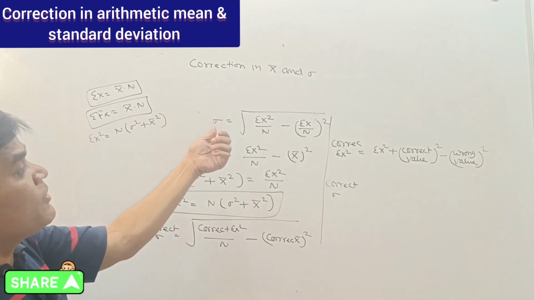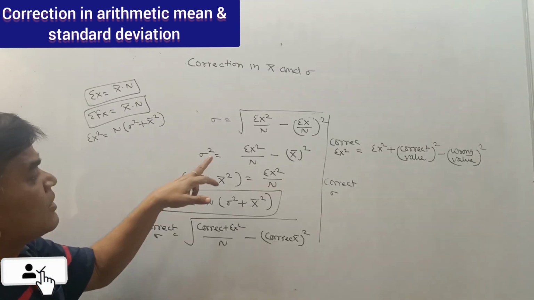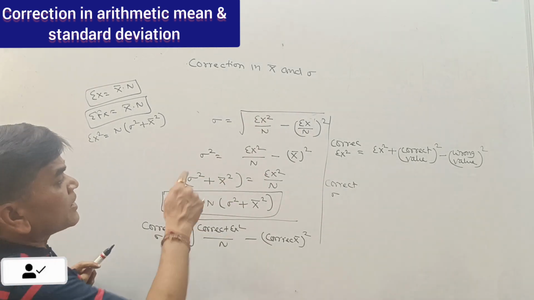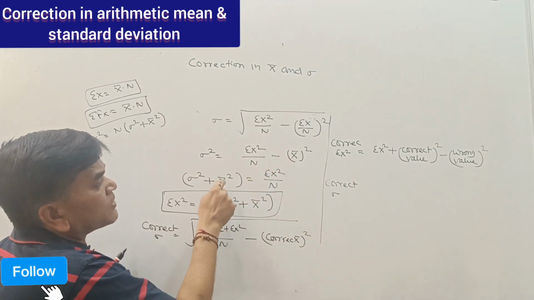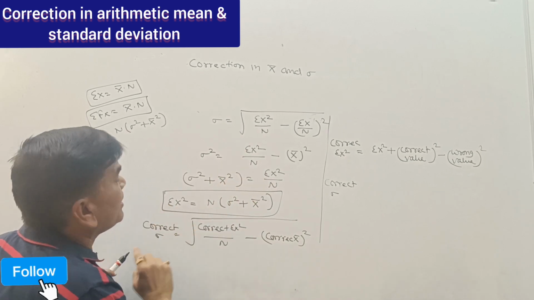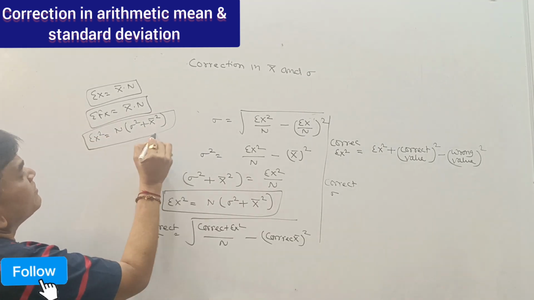This is the formula for the standard deviation. Taking square on both sides, the root will be gone. Then standard deviation square plus x bar square is sigma x square upon n. So this is the value of sigma x square.